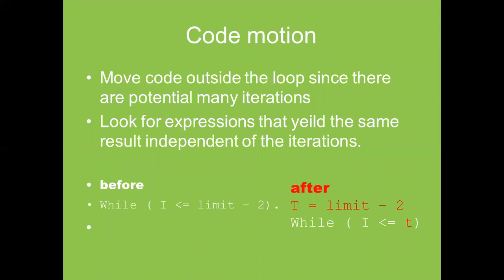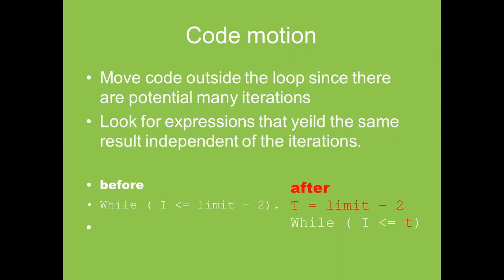Now first consider code motion. Here you move code outside the loop since there are potentially many iterations. Sometimes you want to calculate values up to different iterations, but we do not want those iterations.